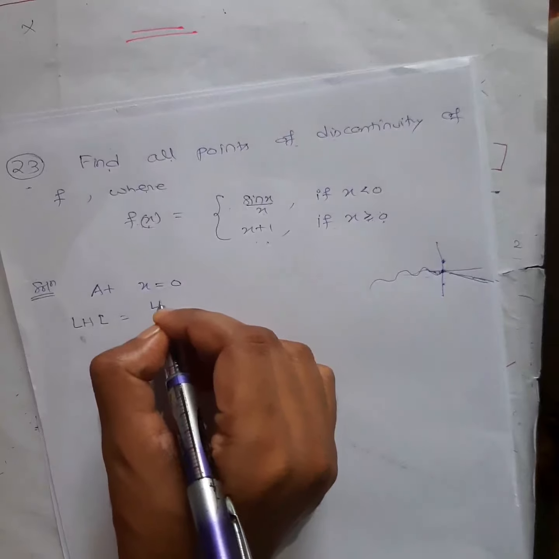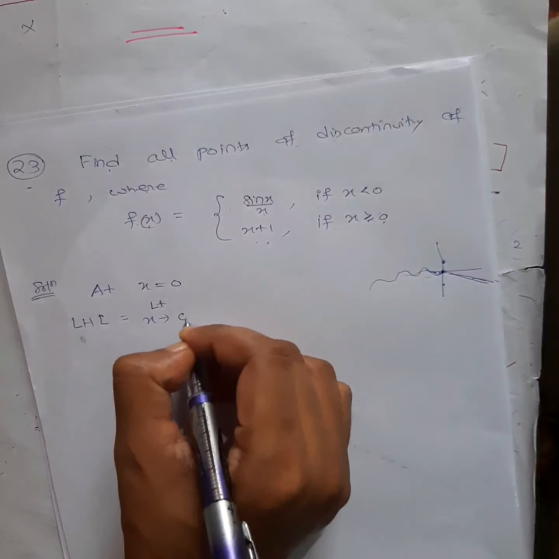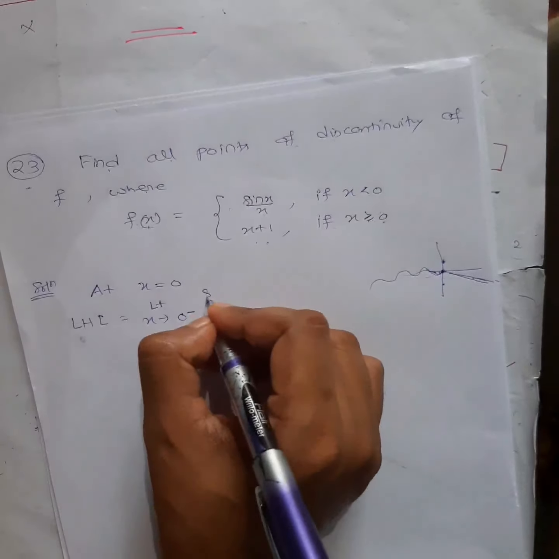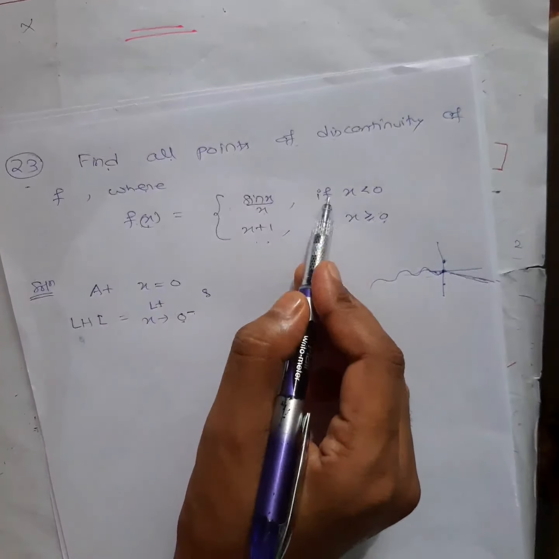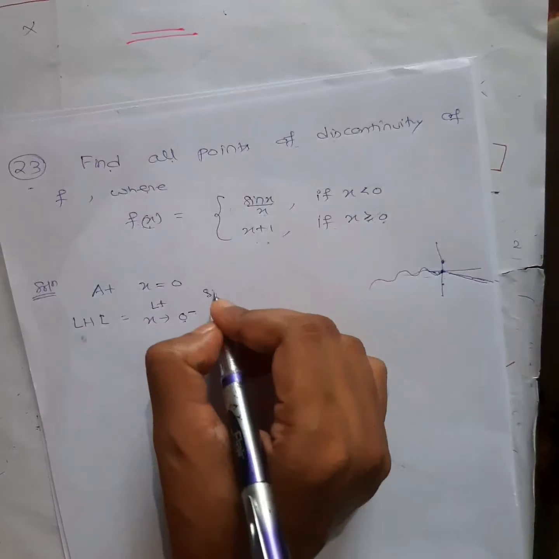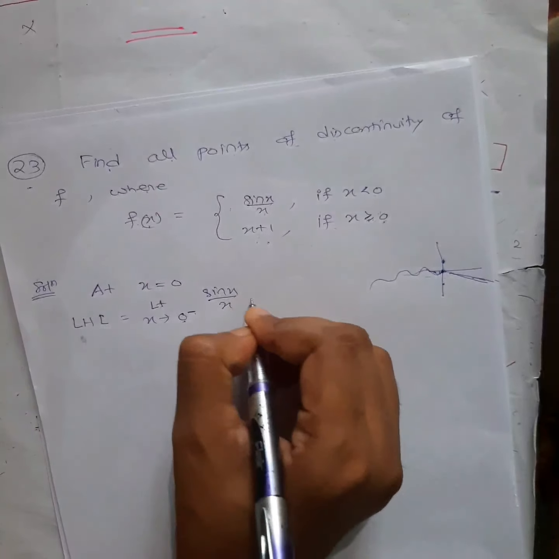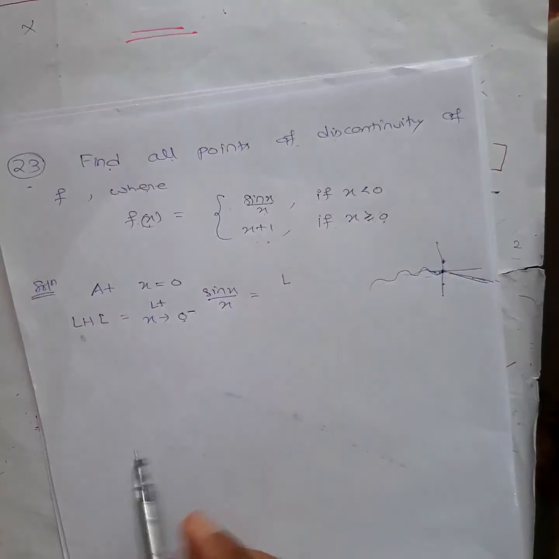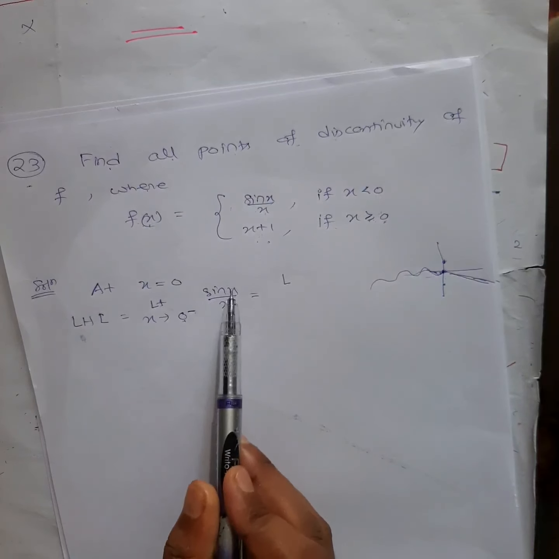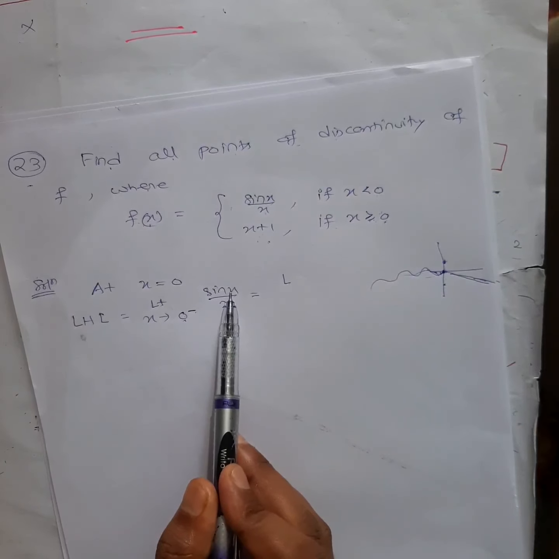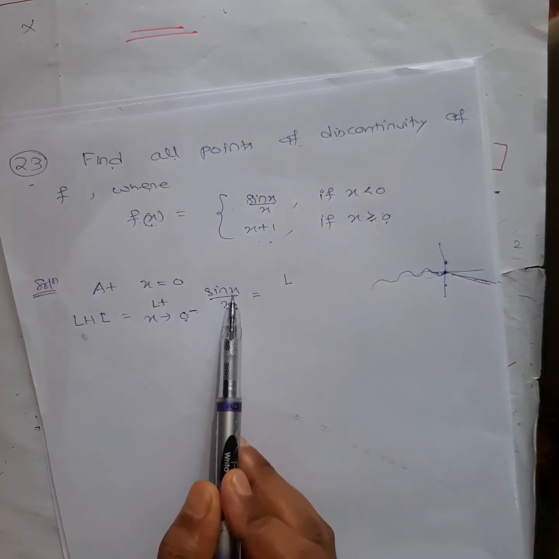Left hand limit: limit x tends to 0 minus. 0 minus means less than 0, so the function will be sin x by x, which is equal to how much? This identity you have done in class 11 only, right? If I simply put 0 here, sin 0 is 0, here also 0, so 0 by 0 is indeterminate.